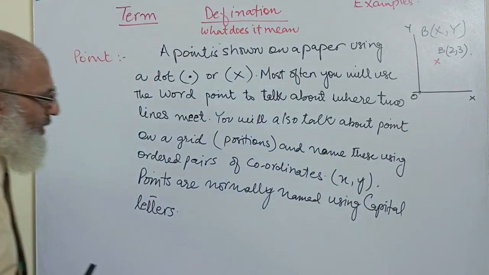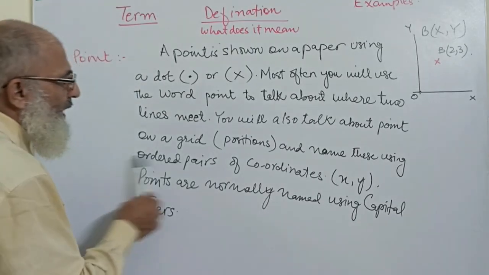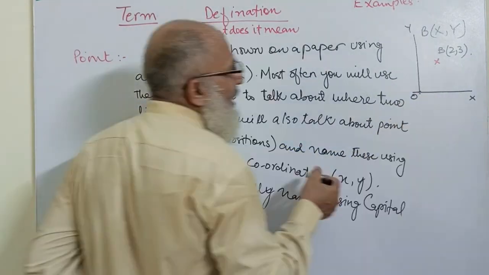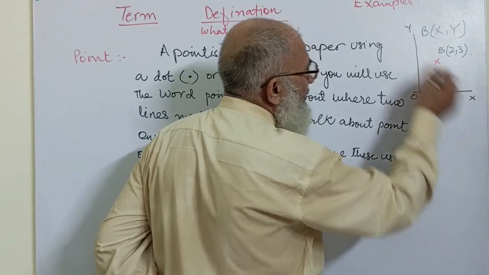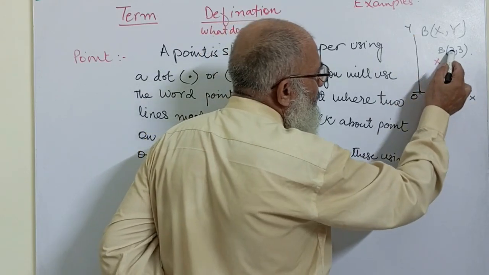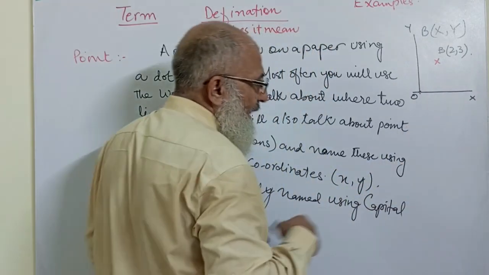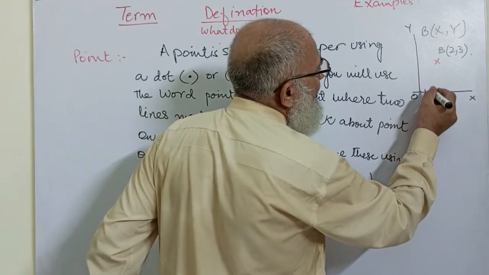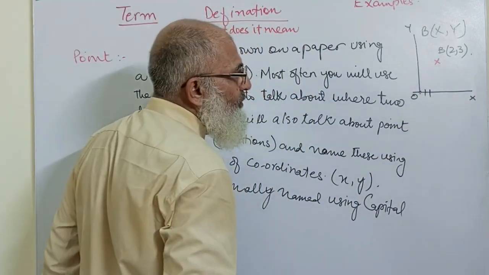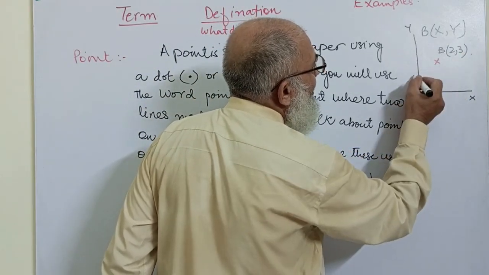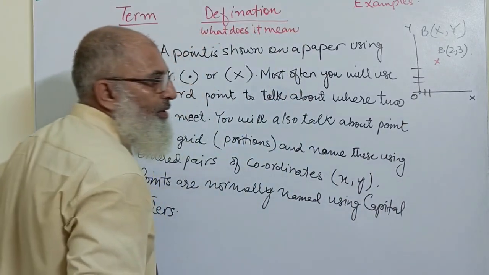And the last thing is when we use a grid and write the coordinates of X and Y. Here 2 means the deviation along line X is 2, and along the other line it is 3.